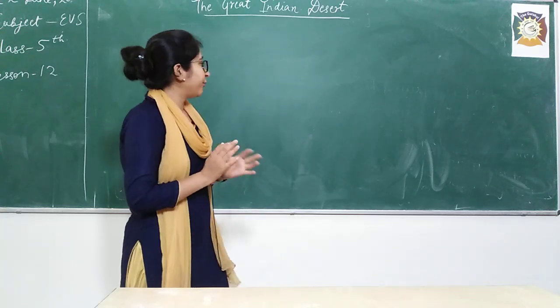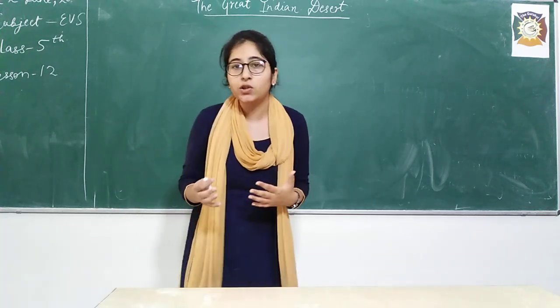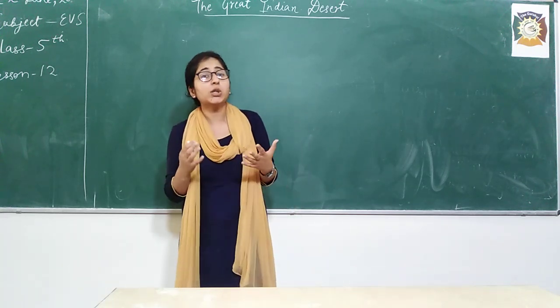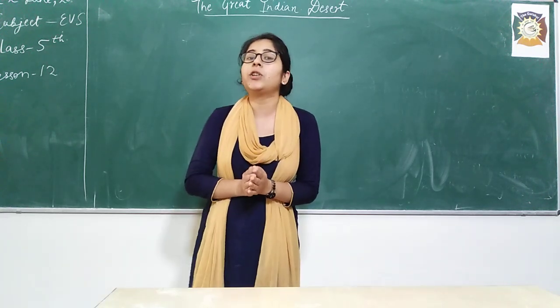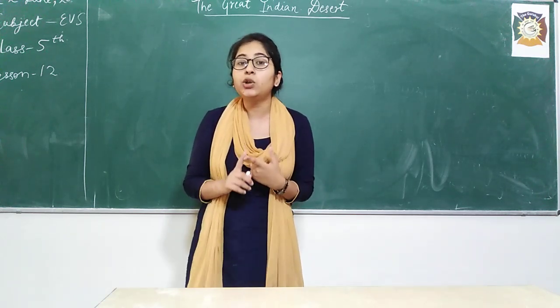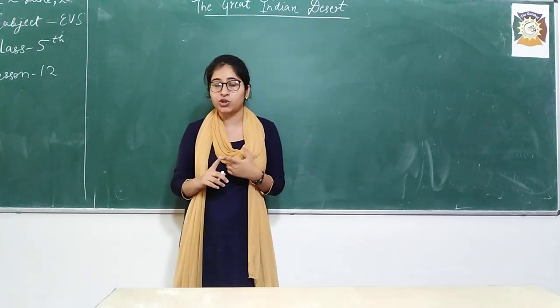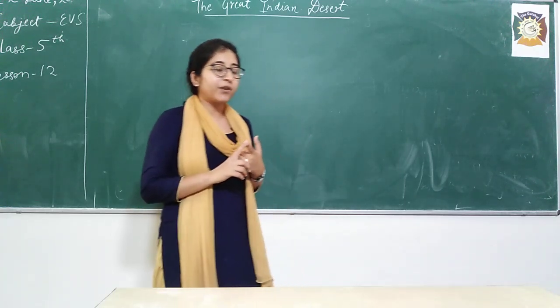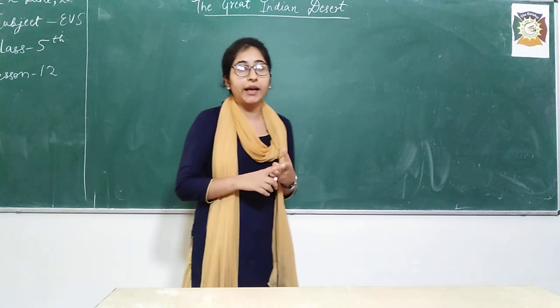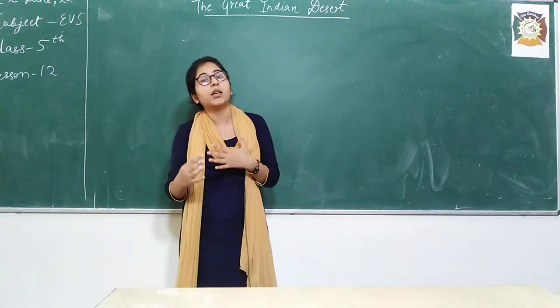right? So yes, after the location we studied about some important topics like physical features of the Thar Desert. So students, what was the main feature? One thing was about the sand dunes. Sand dunes are the small hills of sand that keep shifting their positions, right? So yes, after that what did we study? We studied that sand dunes keep shifting their position and it causes the dust storm.